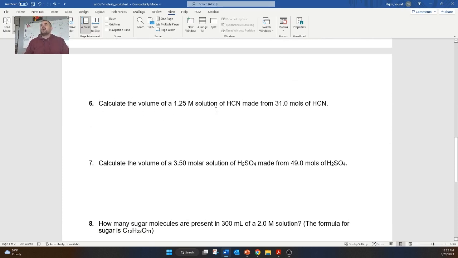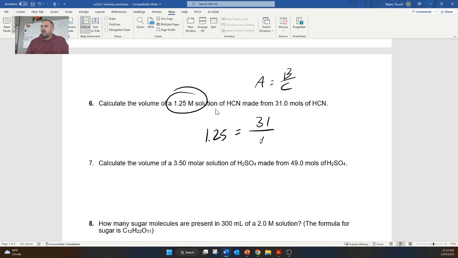Calculate the volume of a 1.25 molar solution of HCN made from 31 moles of HCN. So we have a 1.25 molar solution. Where does that go? A is equal to B over C. So that's going to be A, so 1.25, and that's going to equal 31 moles. So 31 moles goes at the top, 31. And then here we're solving for X. So how do we solve this equation? We're going to multiply both sides by X. Then this goes away.